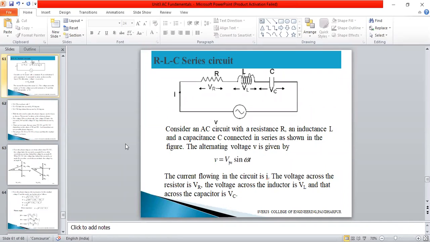The alternating voltage is given by V equals Vm sin omega t. Write down V equals Vm sin omega t.